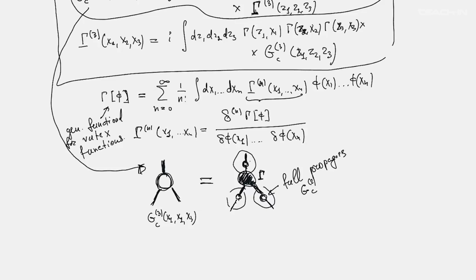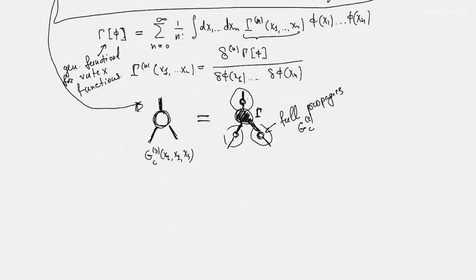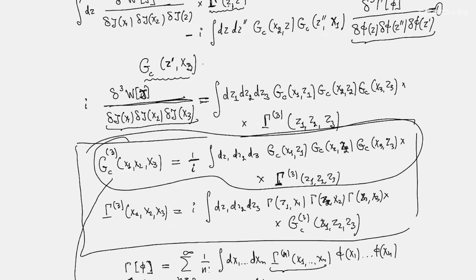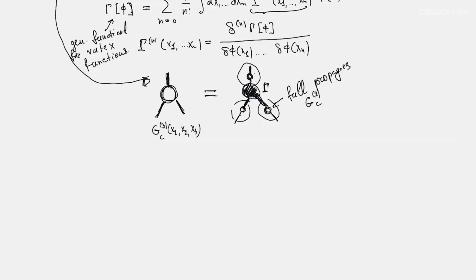In fact, you can continue this game. We can apply to this relation one more functional derivative with respect to J, and then you will obtain a relation for the full Green's function, which is a 4-point Green's function, like this.